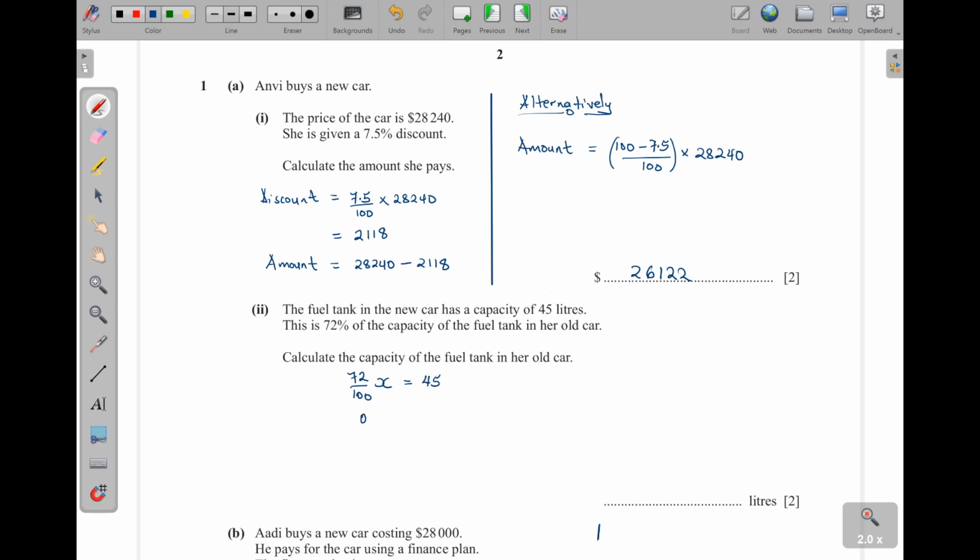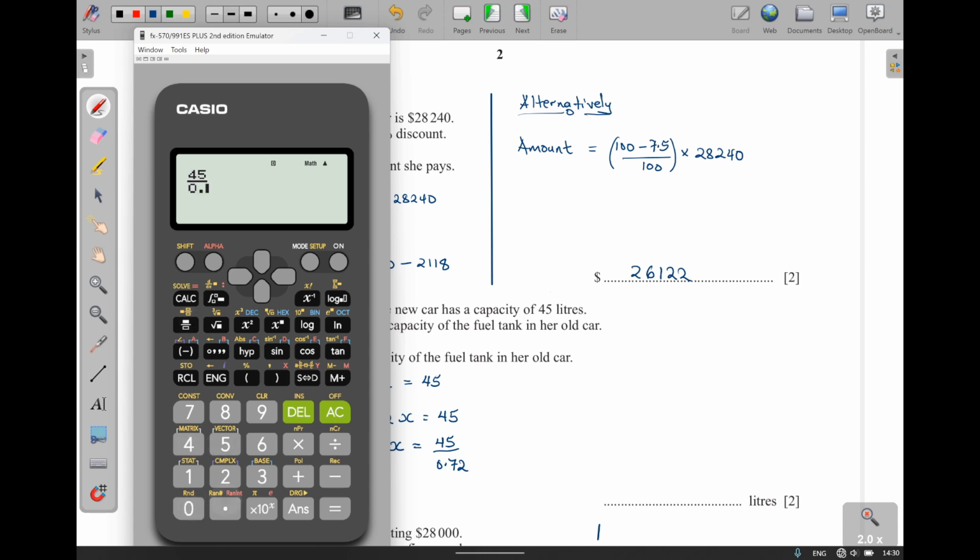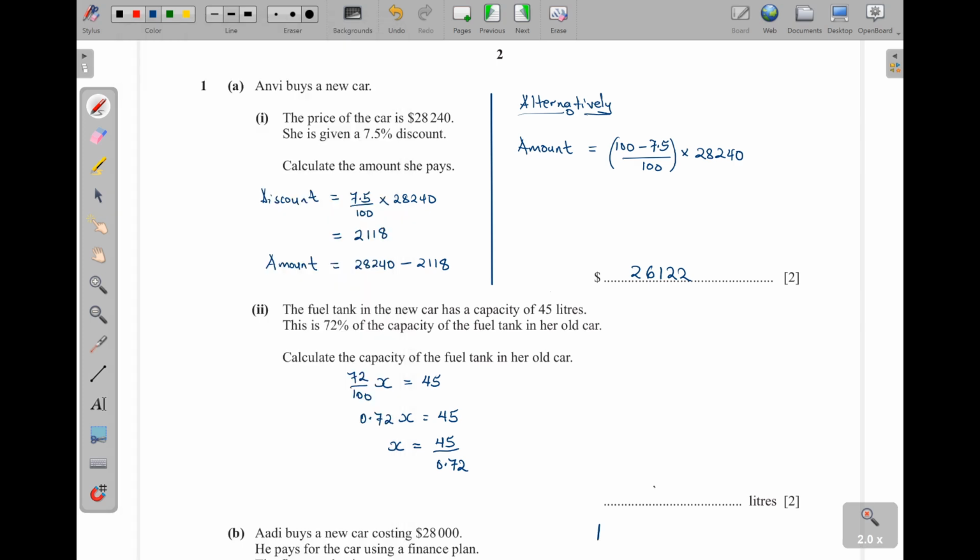The same as saying 0.72 of x is equal to 45. That means x is going to be equal to 45 divided by 0.72. This gives us 62.5.